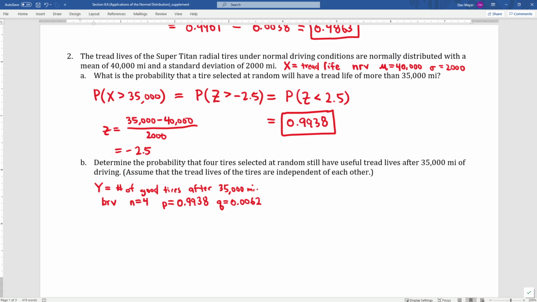And the question here is asking, what's the probability that the number of good tires after 35,000 miles is 4 out of 4. Since this is a binomial random variable, we can use our binomial formula to compute this probability.